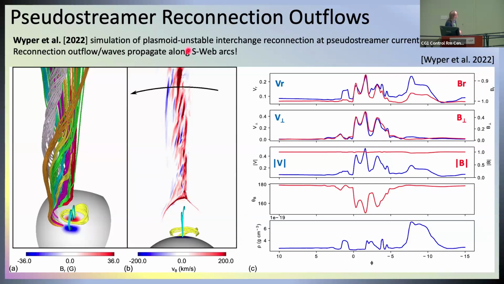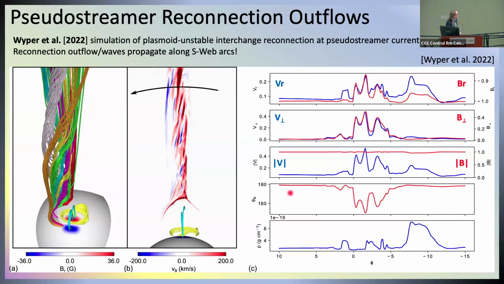And so if you took a cut through this and plotted the components of velocity and magnetic field, sure enough, there's a whole bunch of fluctuations in B and V. So this is an Alfvénic structure. This is basically an Alfvén wave, an Alfvén twist wave being released into the wind.